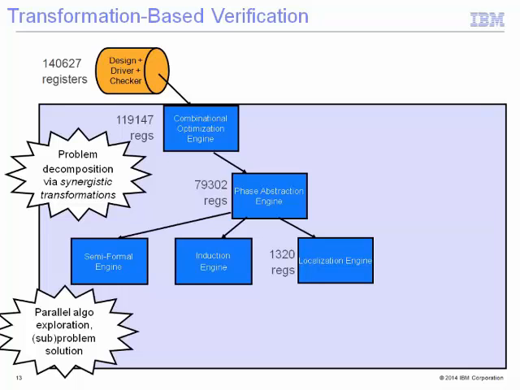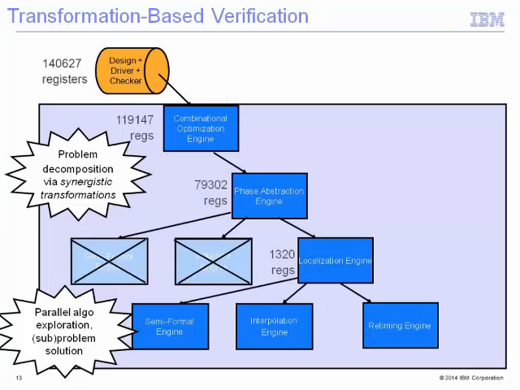Assume that in this direction we are not finding any bugs, so let's go towards the proof. If the abstraction is doing a good job, we discard the other engines and go with the abstracted model, and try to prove with semi-formal again, or the interpolation engine, the proof engine or the retiming engine, and so on. This is how transformation-based verification works.